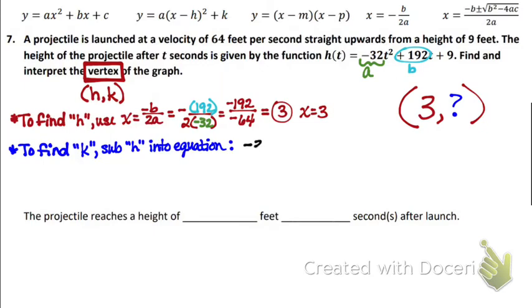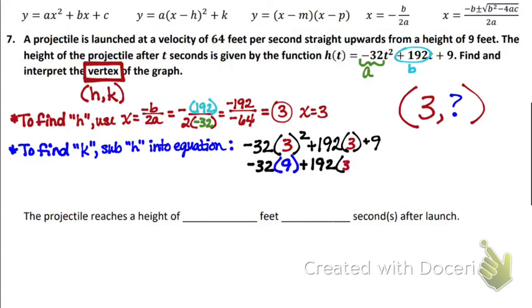So my equation, negative 32, and then it is t squared, so that's where I'm going to put the 3 and square it, plus 192, we're going to put 3 in here again, plus 9. What's 3 squared? 9. So I have negative 32 times 9 plus 192 times 3 plus 9.